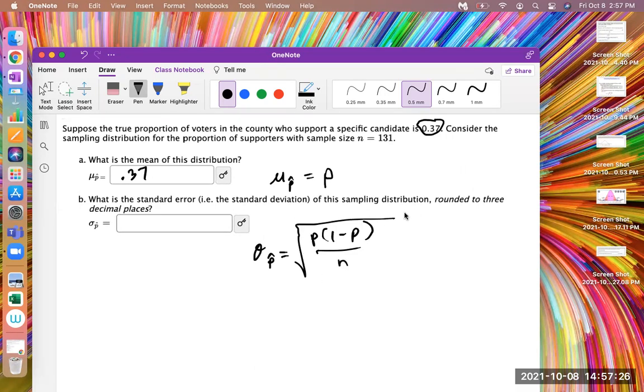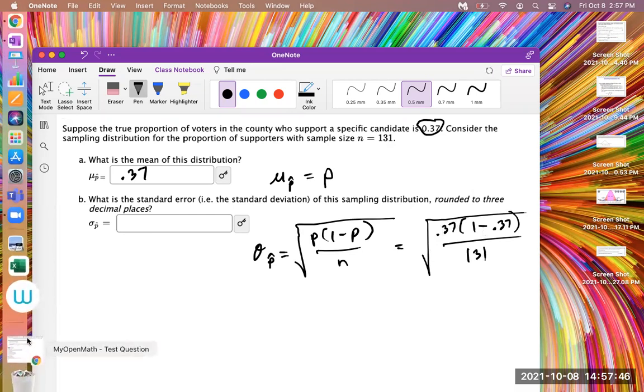Plugging in the population proportion for p, it's 0.37 times 1 minus 0.37, all over n, which is 131, and then I have to calculate this.